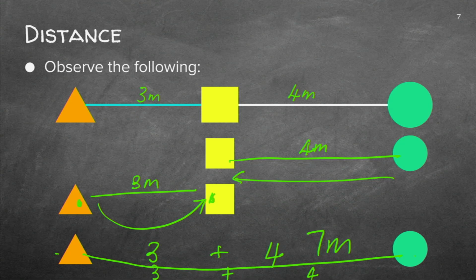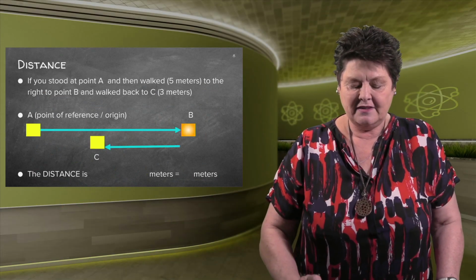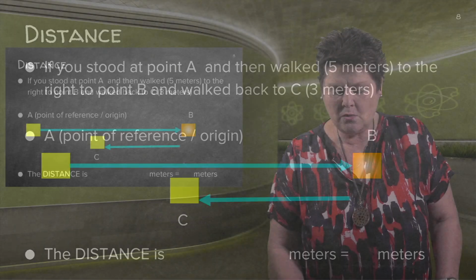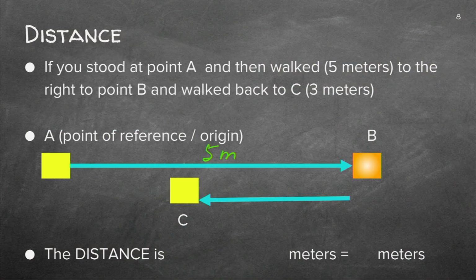No direction indicated. The distance, if you stood at point A and then went 5 meters to point B and then came back 3 meters to C, what will the distance be? Well, remember, distance is a scalar.